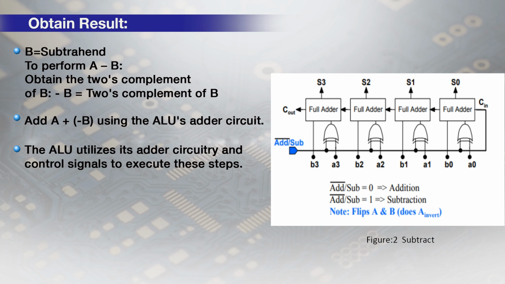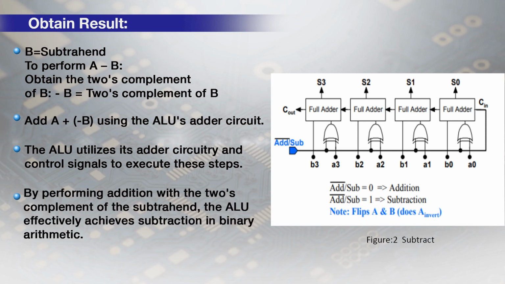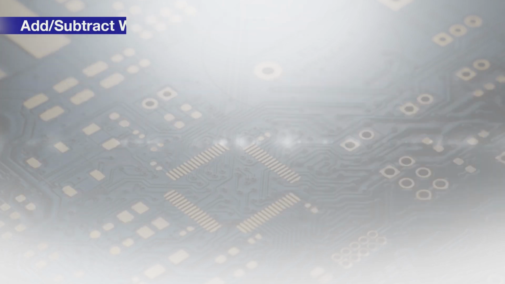The ALU utilizes this adder circuit and control signal to execute the step by performing addition with the 2's complement of the subtrahend. The ALU efficiently achieves subtraction in binary arithmetic.